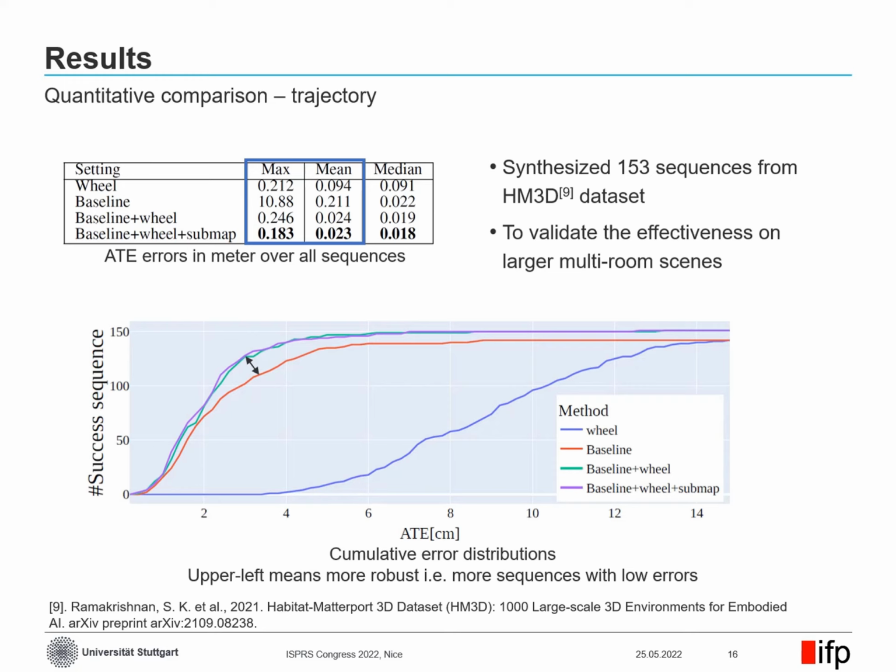The figure below shows the cumulative error distributions. The upper left means more robust. As can be seen here, our combined solution with both wheel encoder and submap registration has achieved the best robustness.